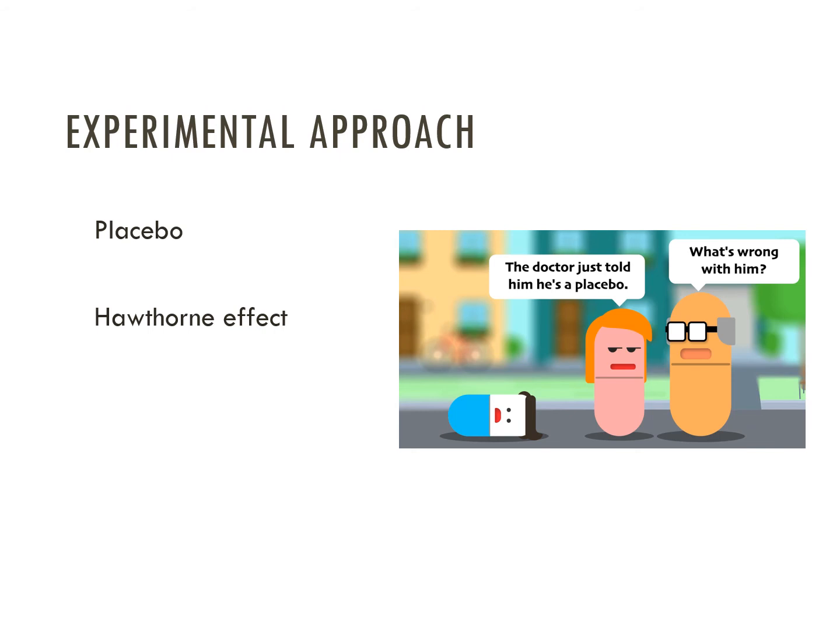So for instance, you might have two groups of people in a weight loss study, and half of the study is on whatever the diet is, and the other half is supposed to be on their regular diet. But when people join a research study, no matter which group they're in, they typically lose weight. That's not even a placebo effect. It's called the Hawthorne effect. They know they're being watched, so they behave differently.